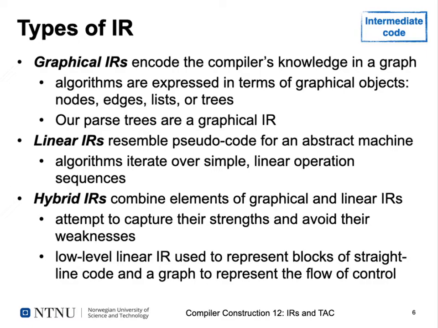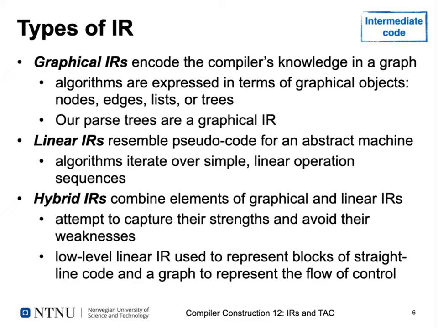So what's common with linear IRs, as the name says, is that we have linear operation sequences. These are very simple considering the basic operations they use, and so it's a bit simpler to work on them compared with graphs. In addition, you can have hybrid intermediate representations, so these combine elements of graphical and linear intermediate representations.